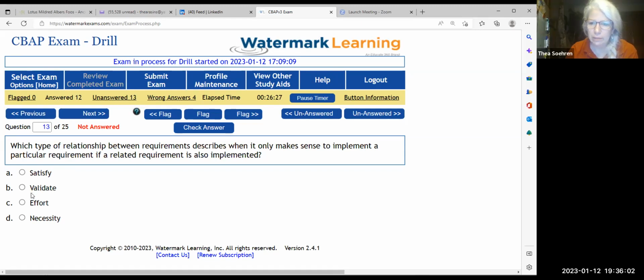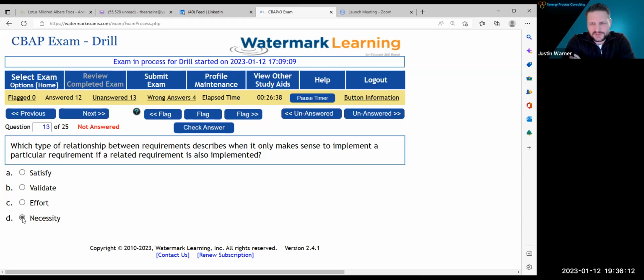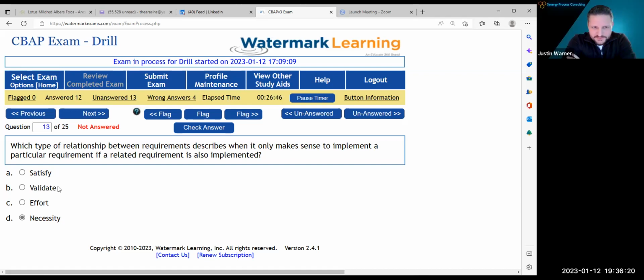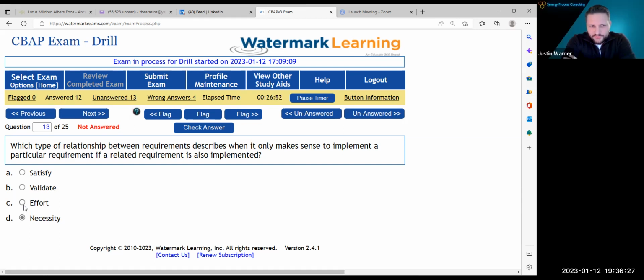I'm going to say necessity because validate we said was for testing, the relationship between tests and requirements. But I don't feel like it's either of those two, honestly. Okay, what do you think the BABOK says it is? I'm kind of leaning towards effort, like if they are both very similar, you might as well do both.